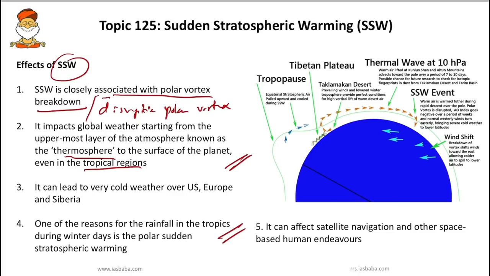Scientists are trying to bridge the relationship between Arctic weather and polar vortex conditions with Indian climatic conditions, the monsoon, tropical cyclones or winter rainfall over the southern region. That's the reason sudden stratospheric warming was in the news.